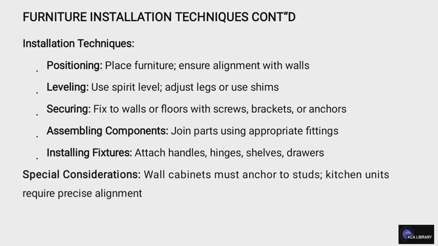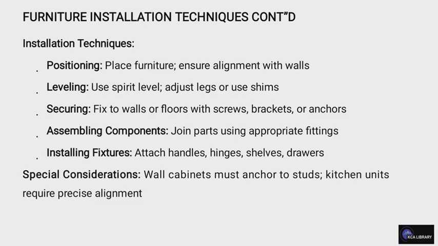We have the installation techniques for furniture. The first one is positioning, where you place furniture and ensure alignment with the wall. And we also have leveling, where there is use of a spirit level, and adjusting of legs or use of shims. You have the securing installation technique also, where it's fixed to the wall or floor with screws, brackets, and also anchors.